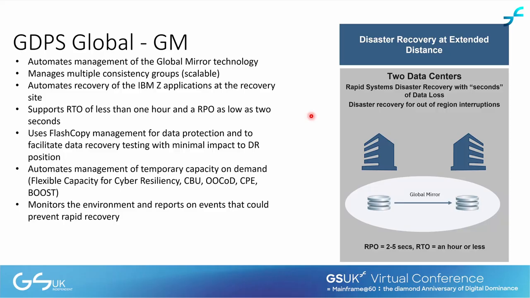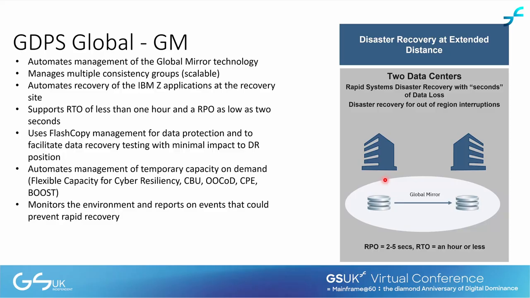This technology, similar to Metro, allows for monitoring of your environment as a single point of control. But with this solution, it supports an RTO of less than 1 hour and an RPO of as low as 2 seconds. This allows us to have 1 copy of data in region A and 1 copy of data in region B. Utilizing asynchronous replication, we're able to replicate data quickly across a large distance to our DR site.